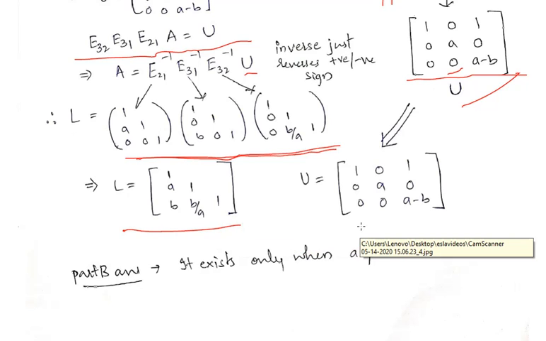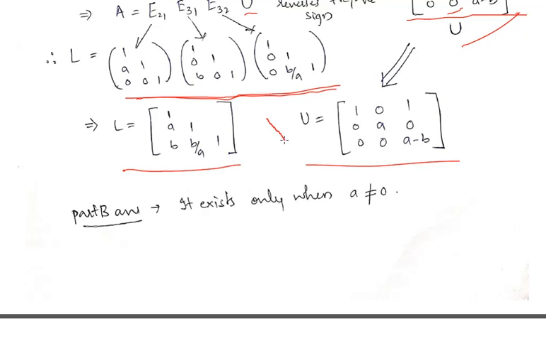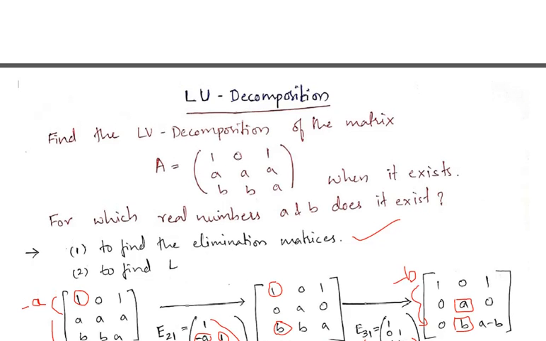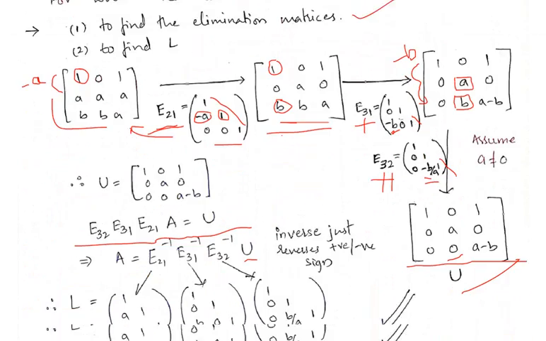So finally, we have broken down matrix A into L and U. For cross checking, you can multiply LU, and you will get back the same matrix A from where we started. Okay, and the second part of this question is, for which real numbers a and b does it exist?